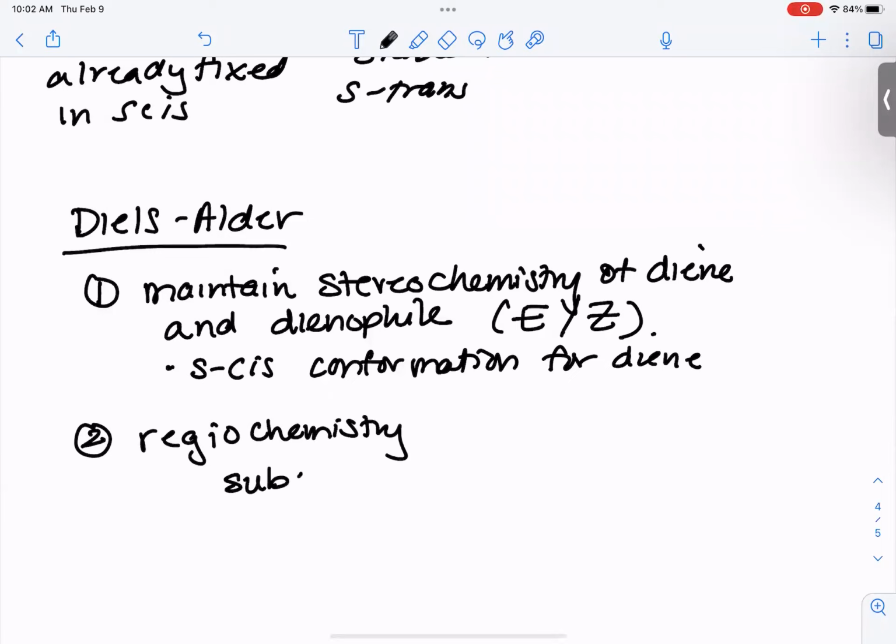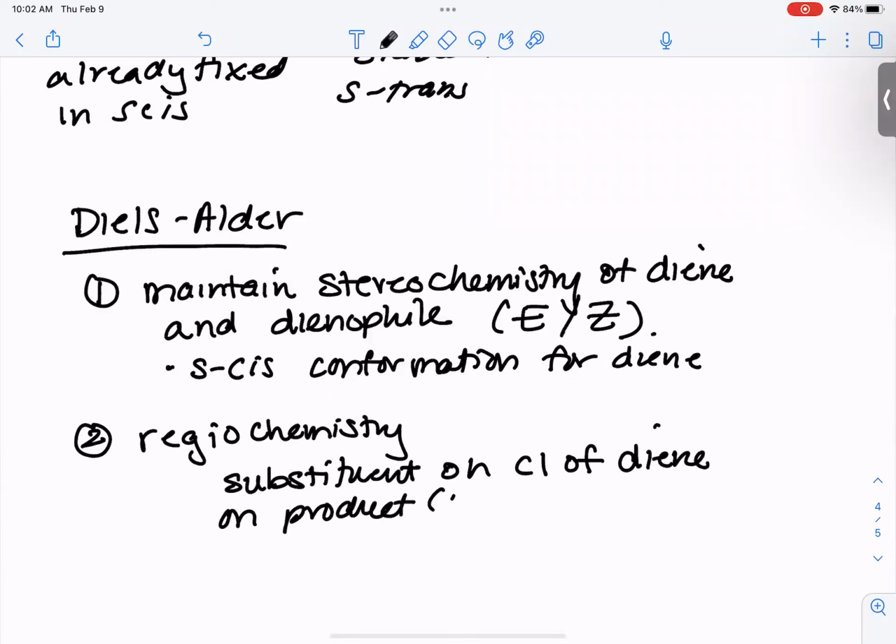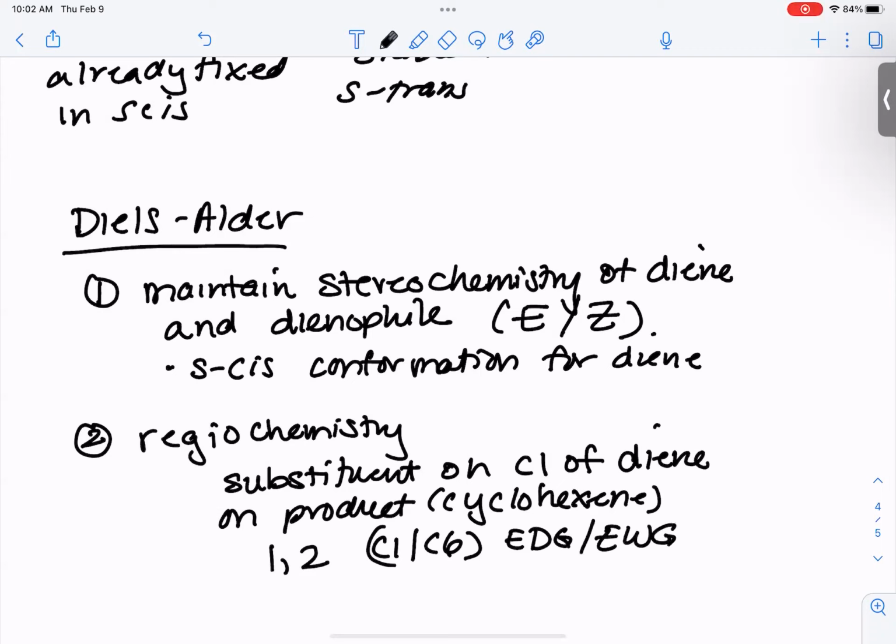If you have a substituent on C1 of the diene, then on the product, that cyclohexene, you're going to have that 1-2 relationship, where it's C1 and C6, so that the electron donating group and the electron withdrawing group on the dienophile are next to each other. This is diene.